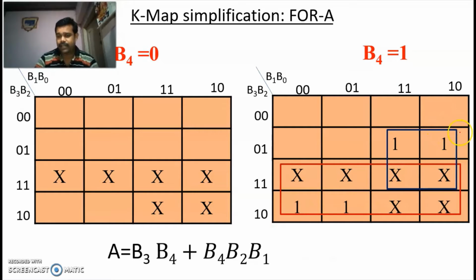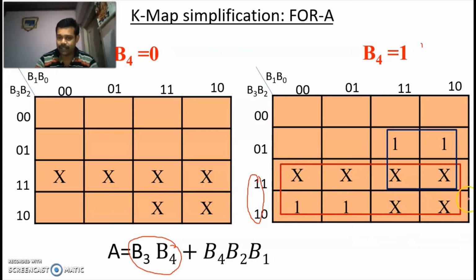This group is present only in the second map, and similarly this group is present only in the second map. For this group, the expression is B3, and it is present in B4. So B4 B3 is the expression for the first group.